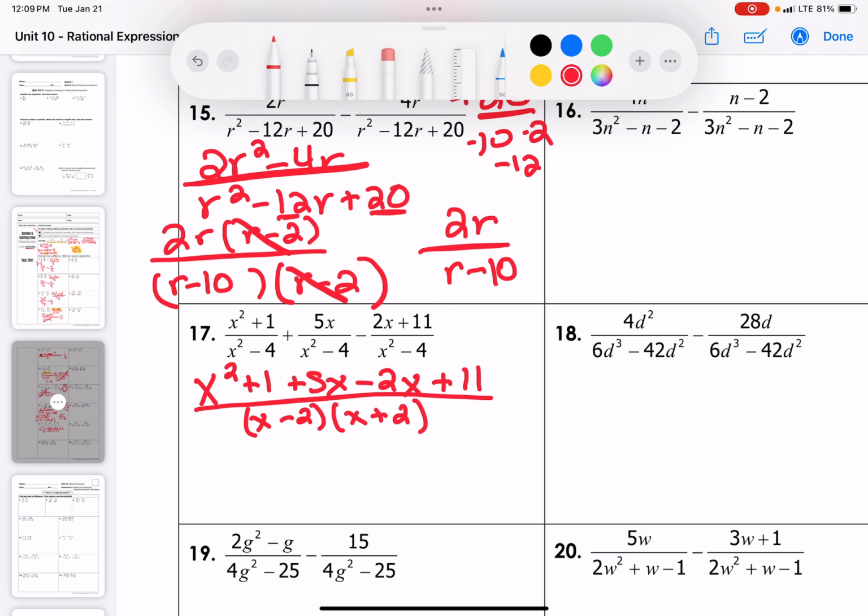All right, let's combine our like terms. The numerator: I'm going to have an x squared. I got 5x minus 2x, so x squared plus 3x. I got 1 plus 11, it's going to be plus 12. And this is still over x minus 2, x plus 2. All right, so let's factor this part out.